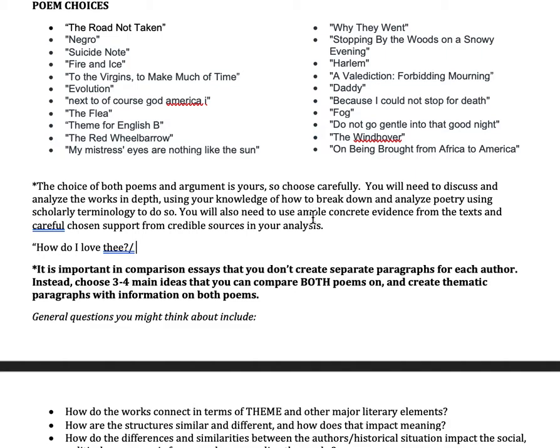Then for line 2 you simply put a slash, and then you say, "let me count the ways," and whatever the punctuation is, it's always at the end. Say it's a semicolon, I can't remember at this point. "I love thee to the depth and breadth / and height my soul can reach." Say it's like that. Sorry.